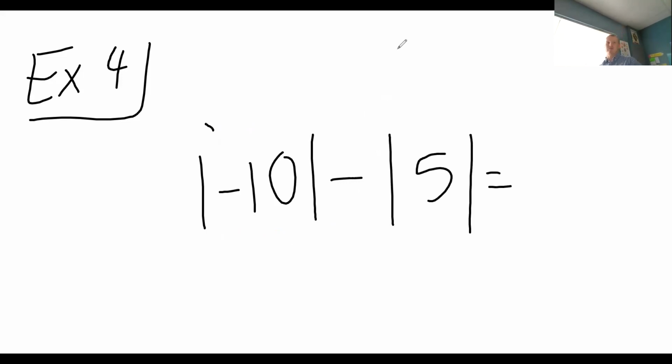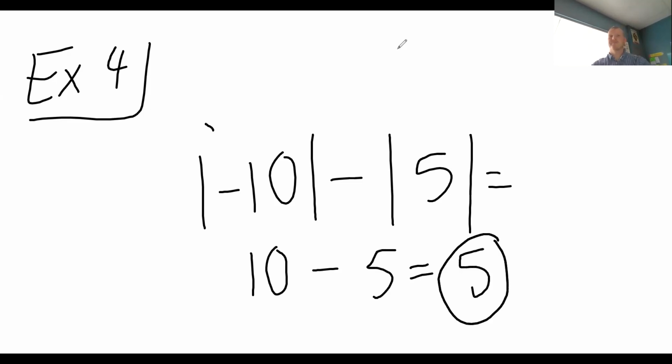What is that going to equal, Ellen? Yeah, so I'm just going to take the absolute value of 10, that's just going to be +10, minus the absolute value of 5, which is just going to be 5. 10 minus 5 equals 5. Yeah, it's not bad. As long as you know what absolute value means and how to navigate around it, it won't be bad.